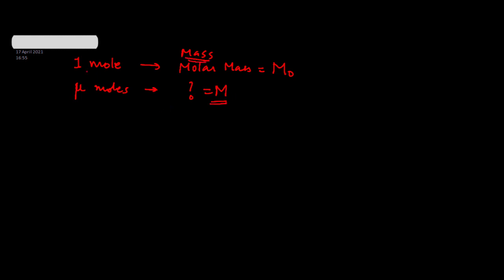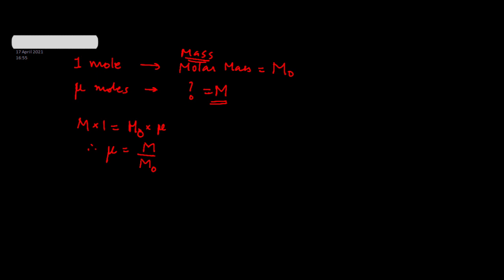So we cross multiply, and we have M into 1 equal to M0 into mu. Therefore mu equal to M upon M0. Understood? By doing a simple cross multiplication, we get it.